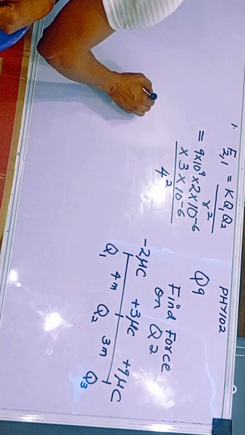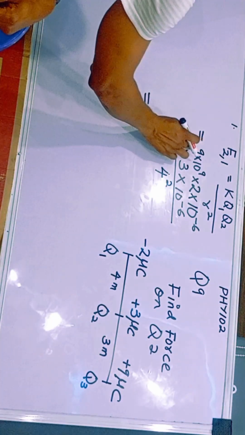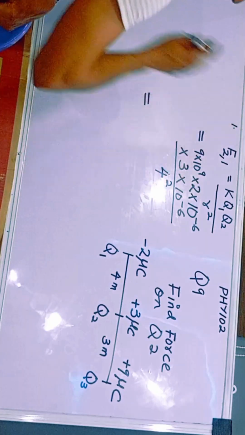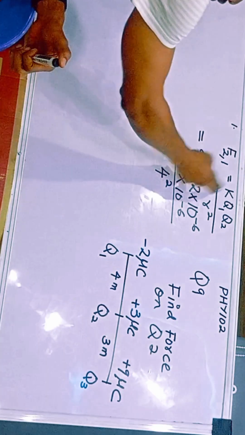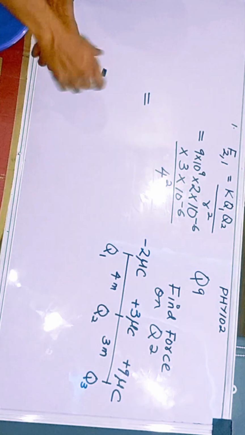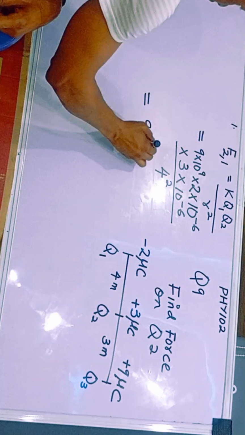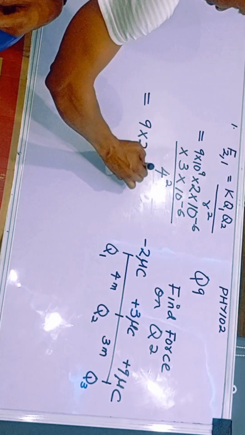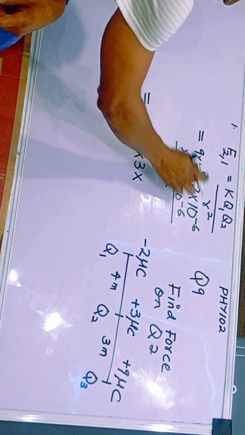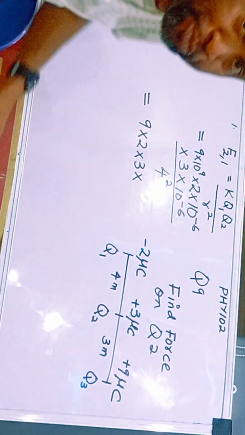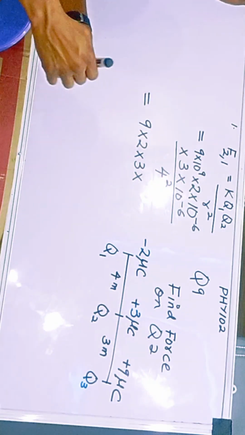So let's simplify. I will have 9 times 2 times 3. 9 times 2 is 18. Is that what we have there? So let's write that out. 9 times 2 times 3 times 10, 10, 10. They have the same base. So what do we do by law of indices?